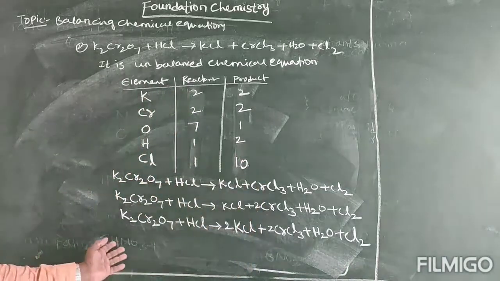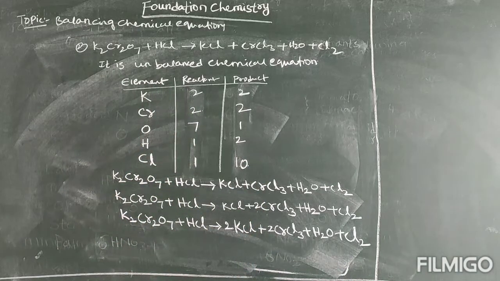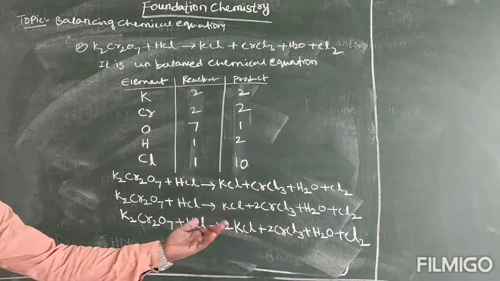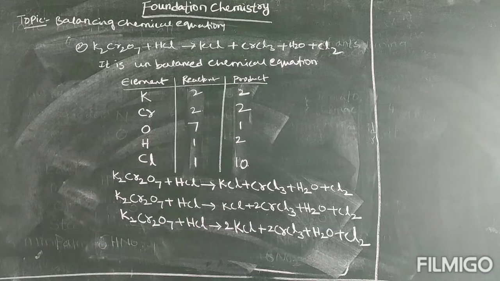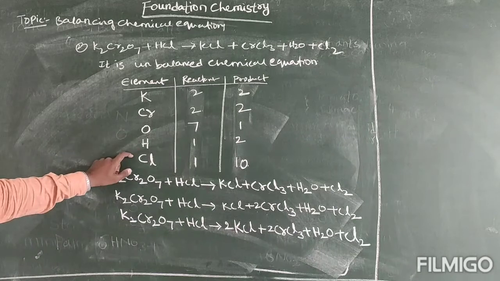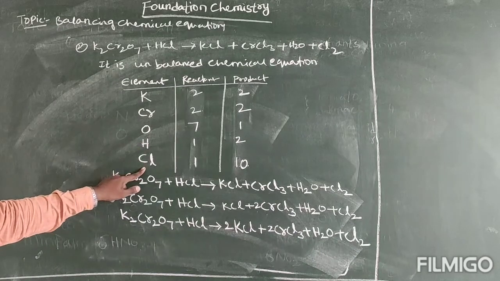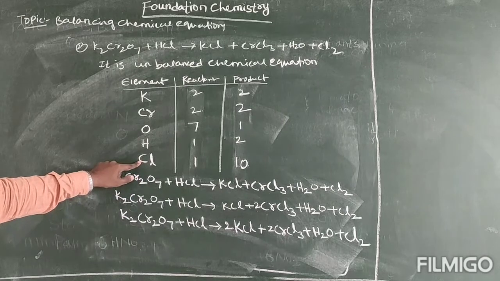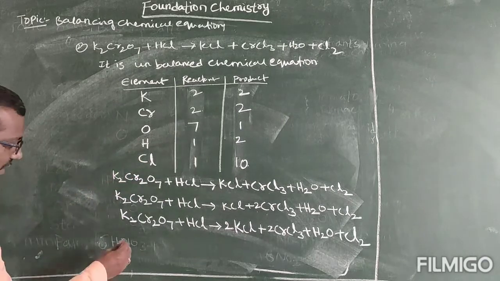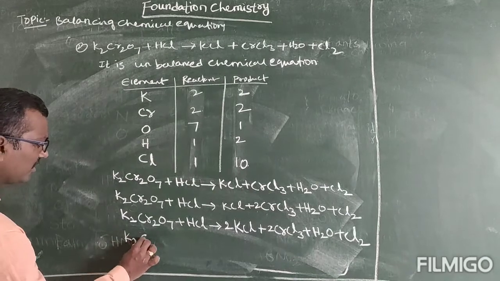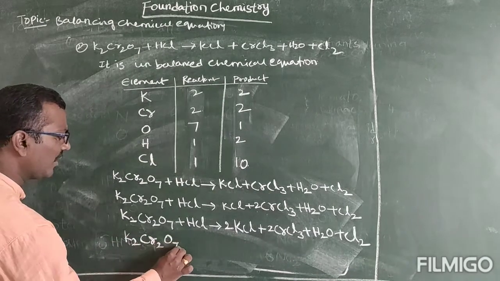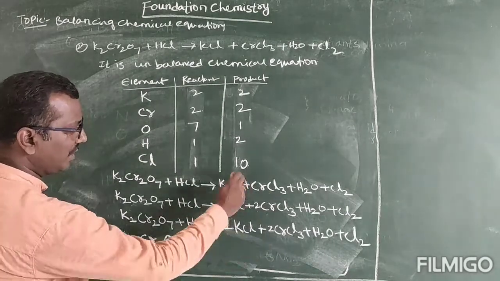So how I can balance this now? See here, these are the things. So first in hydrogen and chlorine, first we will go for what? Highest number is for chlorine. Okay, so chlorine balancing I will take. K2Cr2O7 plus here 10, no?